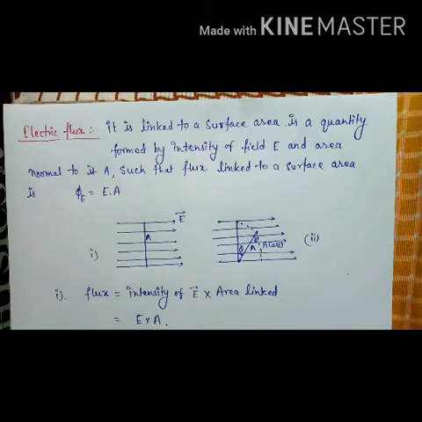So from this example we can define that the rate of flow of wind is given by the volume crossing the area per unit time, which represents the flux. Another example: we store water in a bucket.